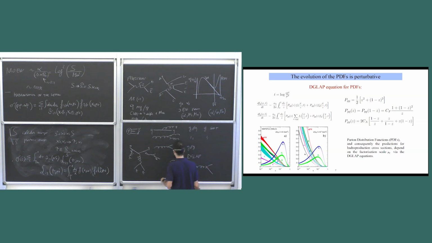Okay, so you will have the gluon-gluon luminosity or the quark-quark luminosity. Then you can decide to split into up-up, down-down, up-anti-up, down-anti-down.